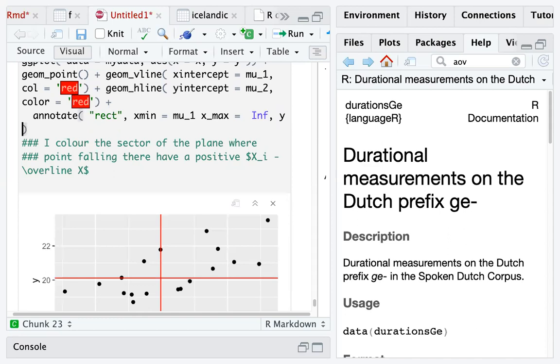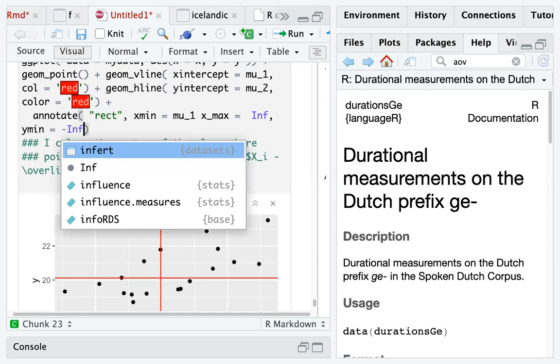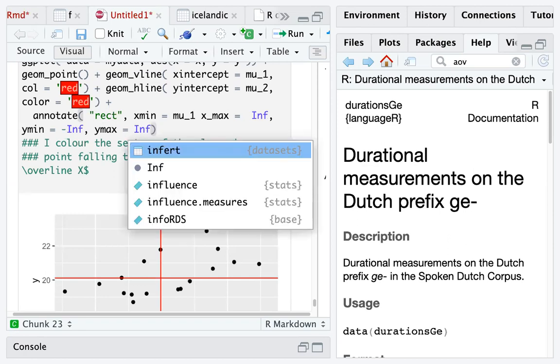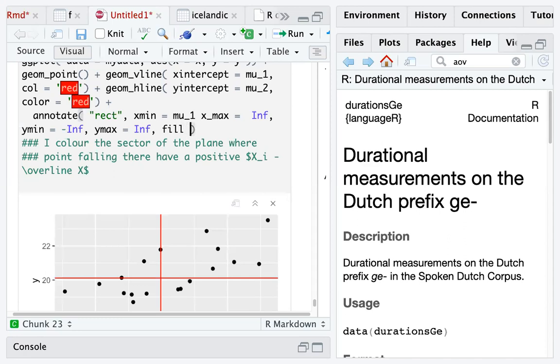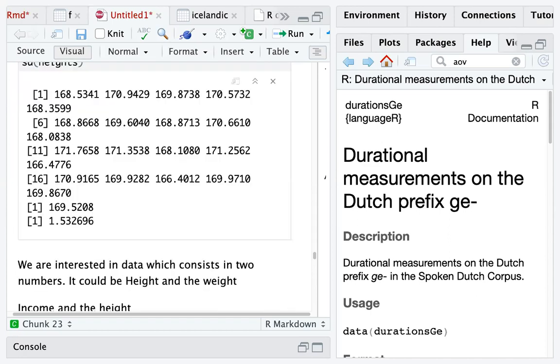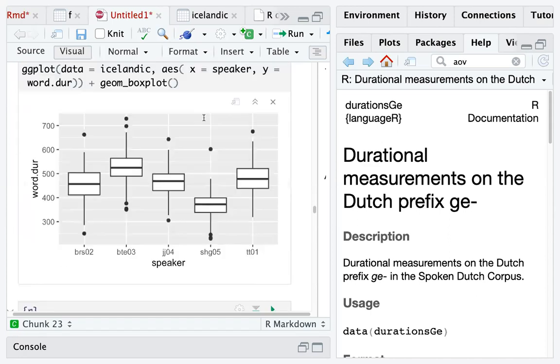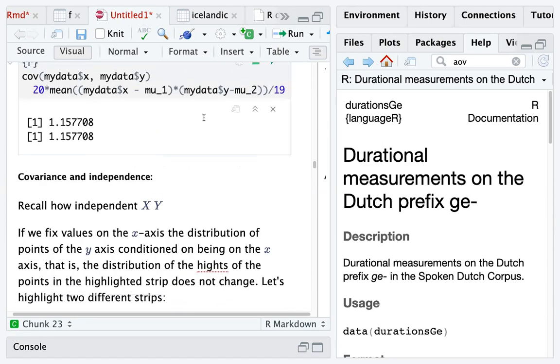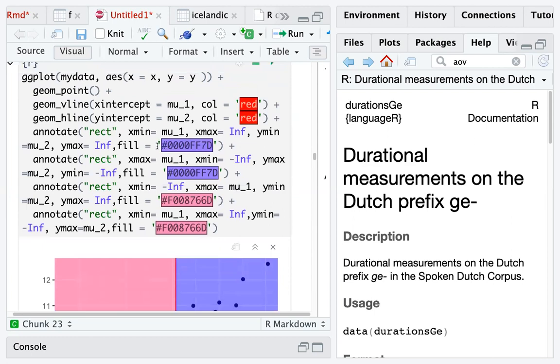Then y min, which is equal to minus infinity, and y max will be equal to plus infinity. And then I fill this region with a color, which I take from the one I created here, which is this one.